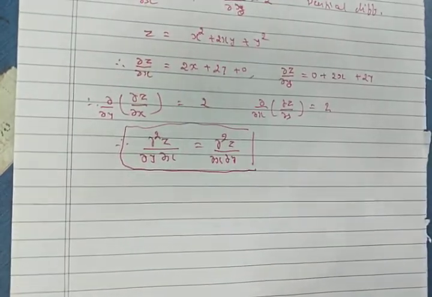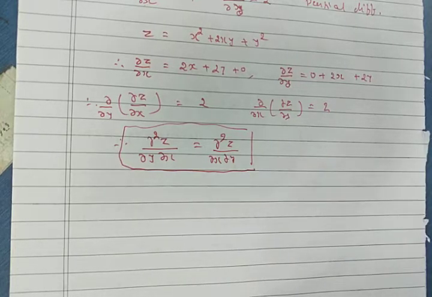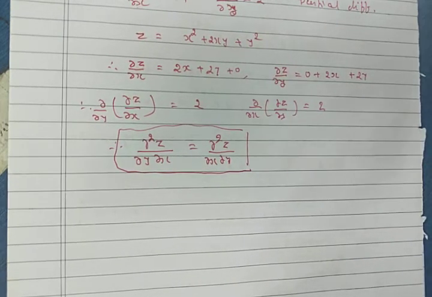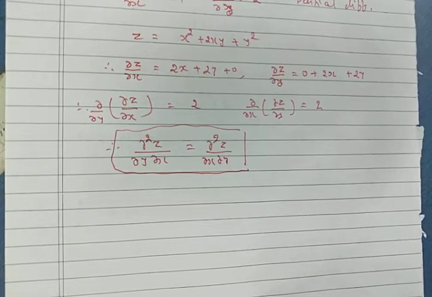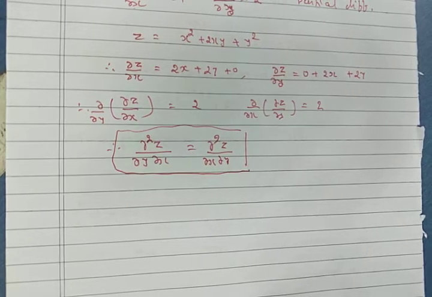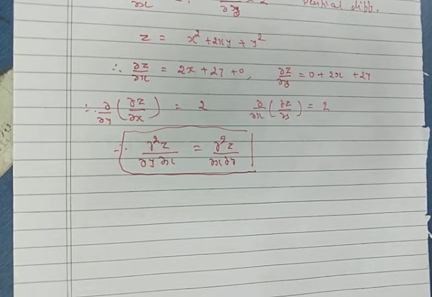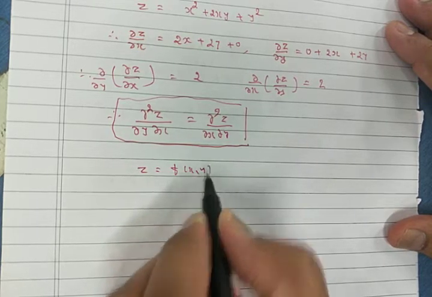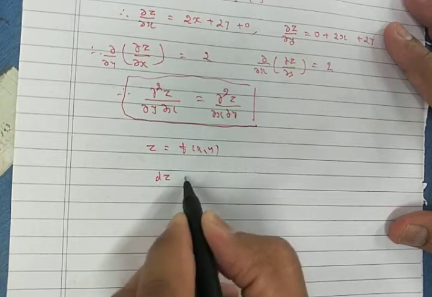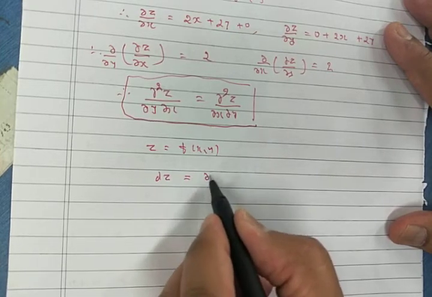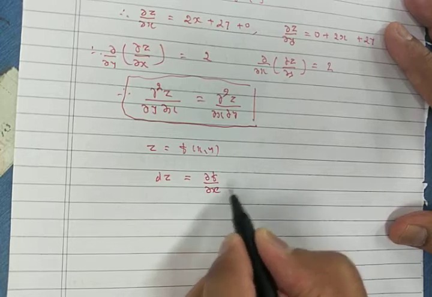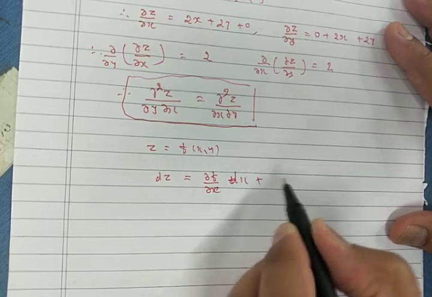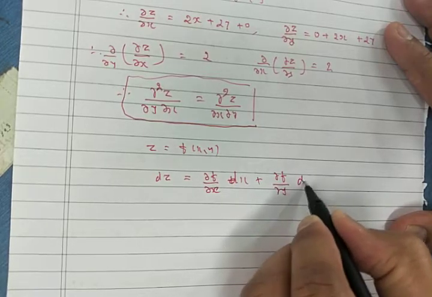Clear? First differentiation, that is ordinary differentiation. Second one, partial differentiation. Here we are taking only the simple idea of partial differentiation. In semester 3 we are going to see it in detail. At the same time one more differentiation is also there, that is total differentiation. See, if z is a function of x and y, then dz, total differentiation, is del f by del x into dx plus del f by del y into dy.